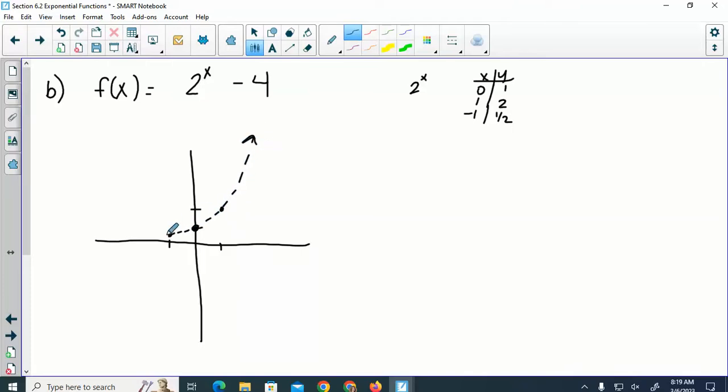What do we have to do? Use transformations. Alright, so a minus 4 on the end. This is not attached to the x, it's on the end. So that will take my graph down 4.